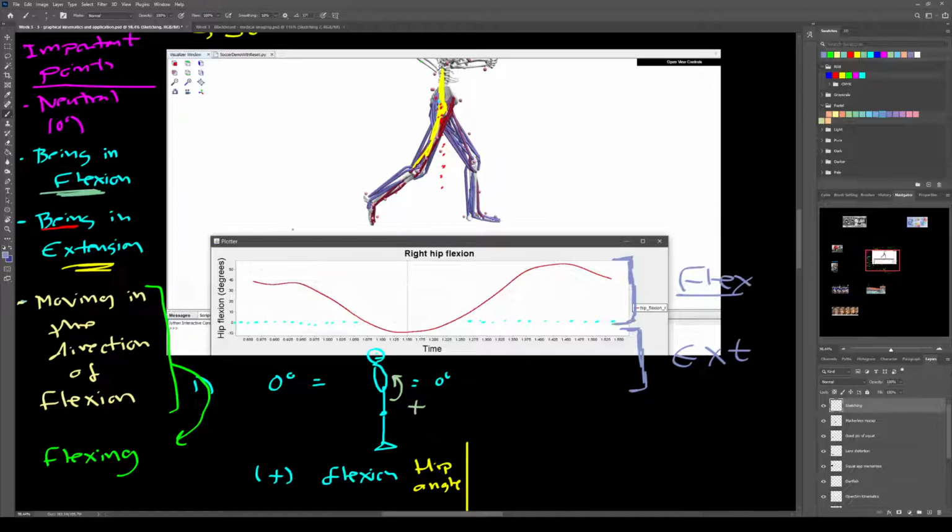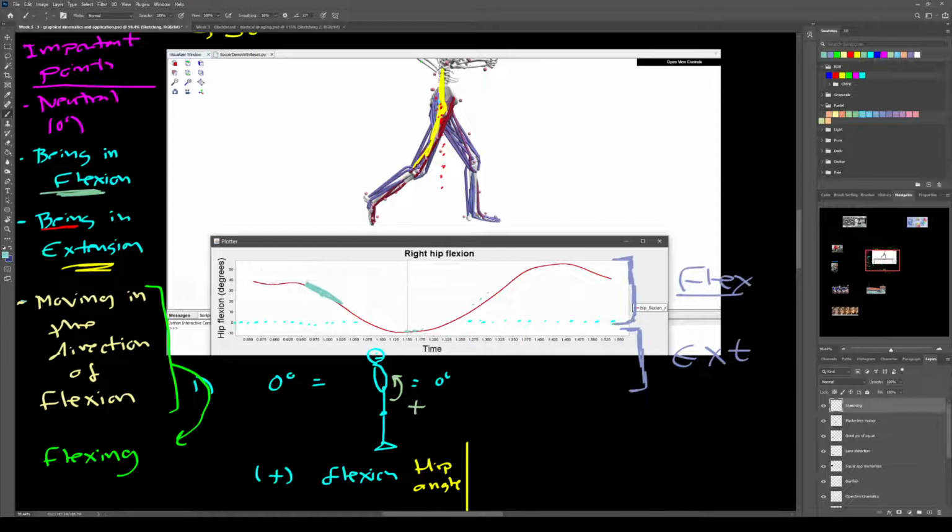What you can think about, maybe the easiest way to think about it, is what direction is it moving? So let's say we're right here. You can see that as time goes along, we're going up this way. We're going towards flexion. So at this point, I would say we are moving in the direction of flexion, or we're flexing the hip. I know some of you are experienced in calculus, and if you are, one way to think about that is it's the slope of the curve here.